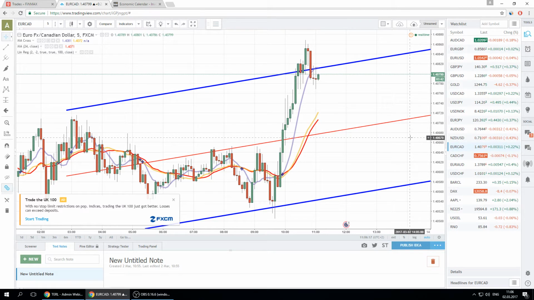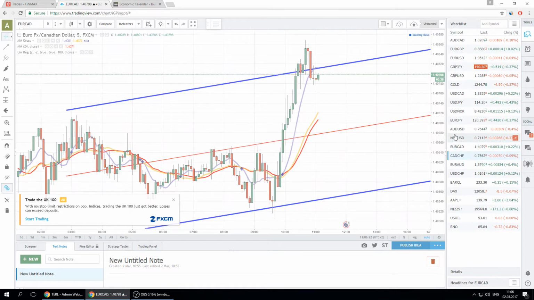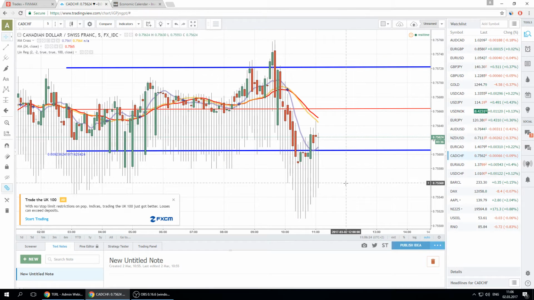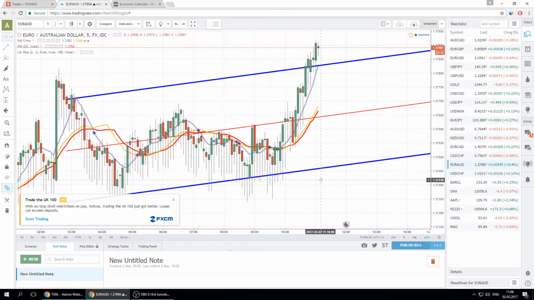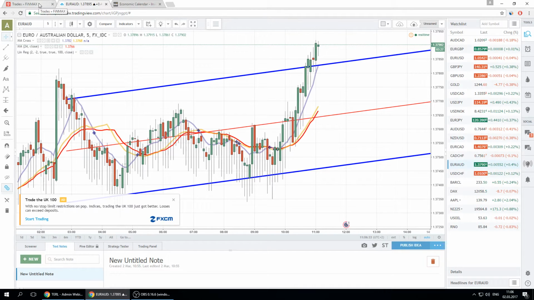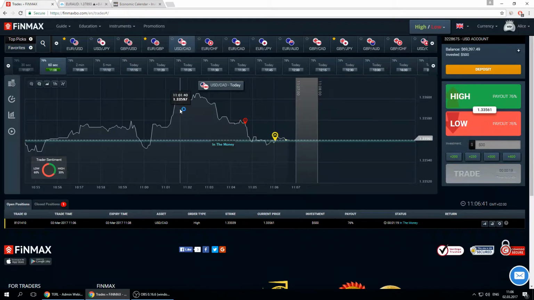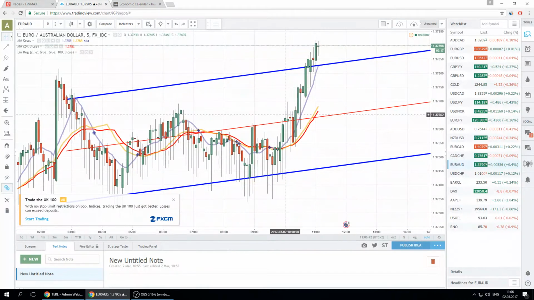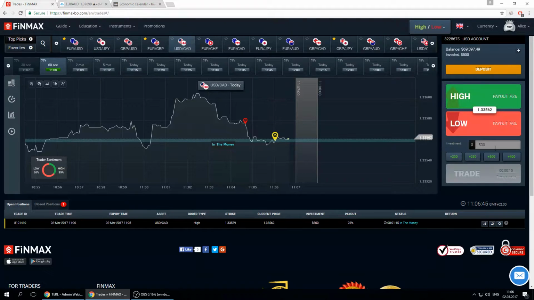For today, I'm planning to open a couple of short-term trades and afterwards to open a couple of trades for the longer period that will expire probably at 4 p.m. Well, we will prepare for the third trade.